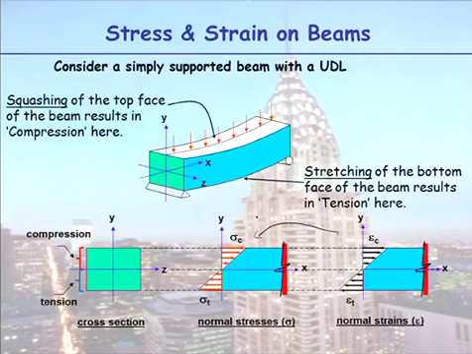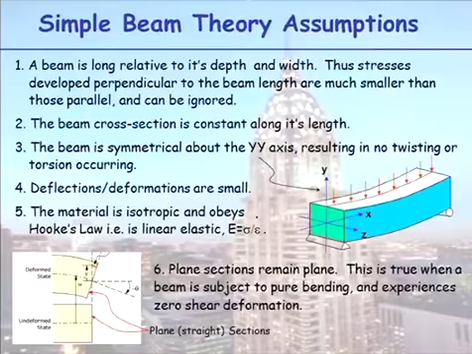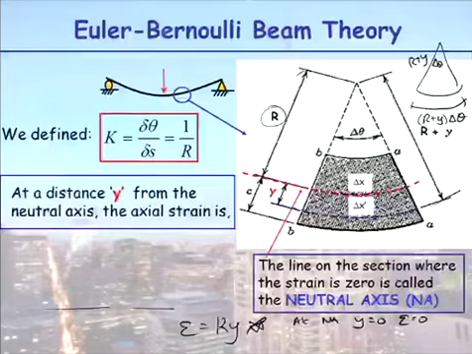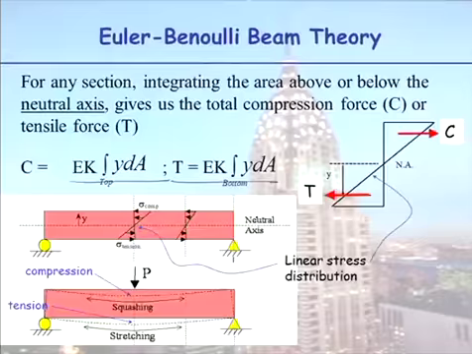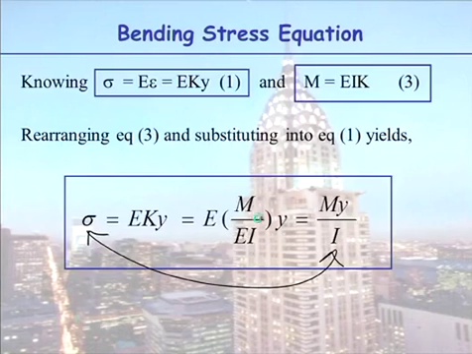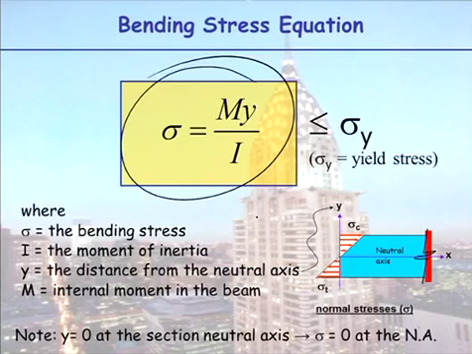I won't go over all of that again, but you can follow the proof, and if you have any difficulty you can come and see me. We ended up with a relationship between moment and curvature, and then I came up with this wonderful formula, which is the formula you need to know how to use.